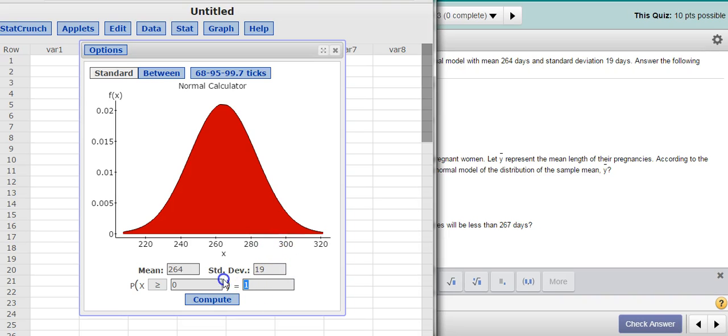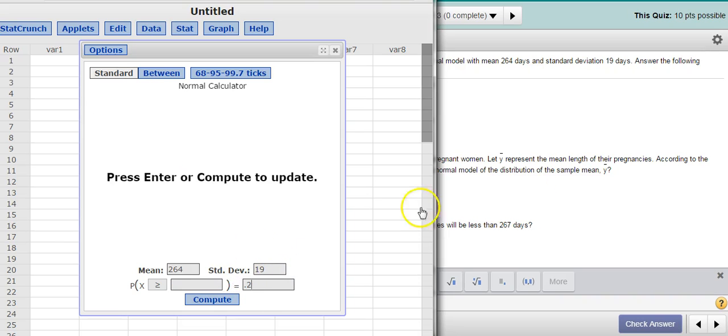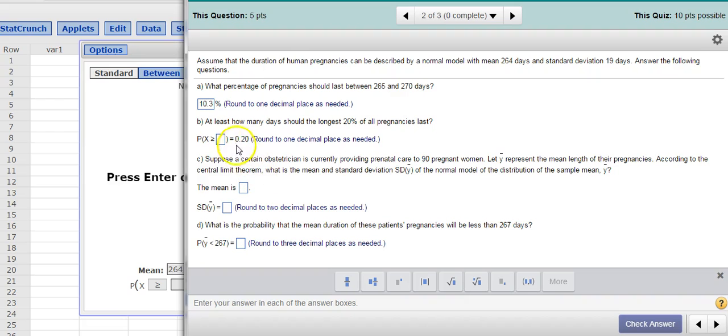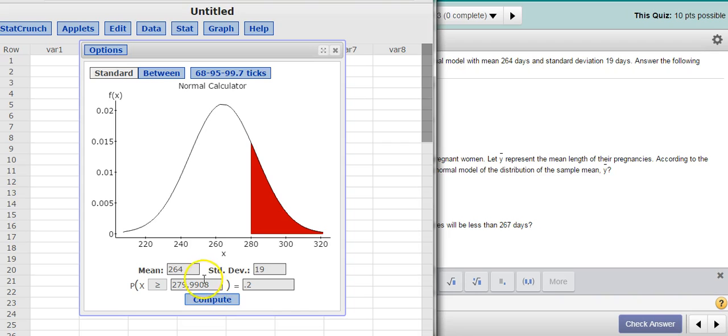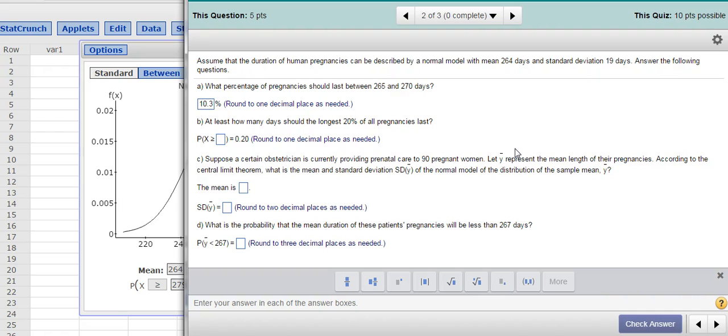It says the highest 20%, you're going to put 0.2. Actually, this also gave you some hints, right? Type in 0.2 and greater sign, you find this number. Okay, that's what you need to do and just compute, and this is the number you are looking for. That will be one decimal.